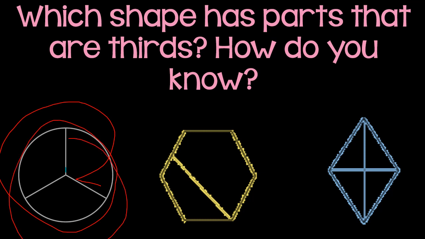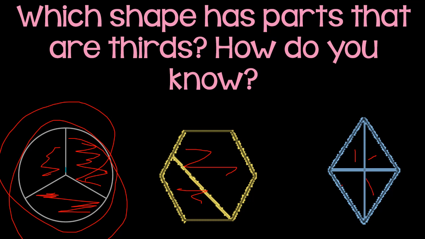We know that that one's cut into thirds because it has 1, 2, 3 equal pieces. The hexagon has only 2 pieces. Do you see? Part 1, part 2. And this quadrilateral has 4 pieces. 1, 2, 3, 4. So it's the circle that's cut into thirds.